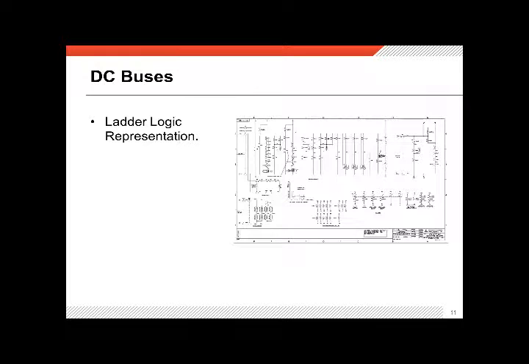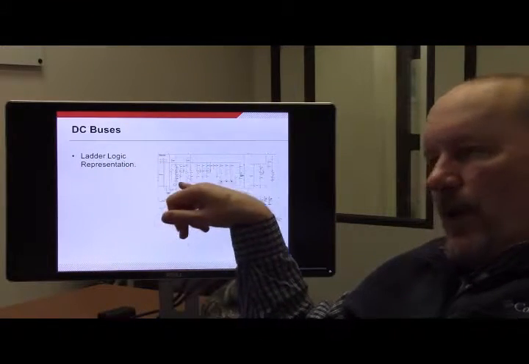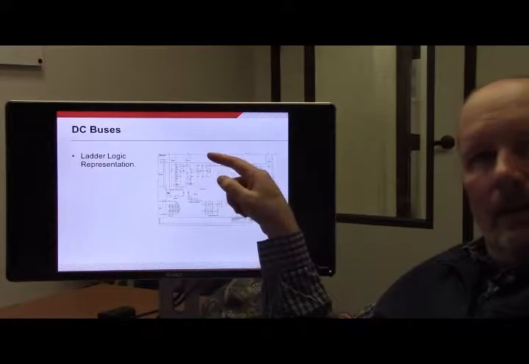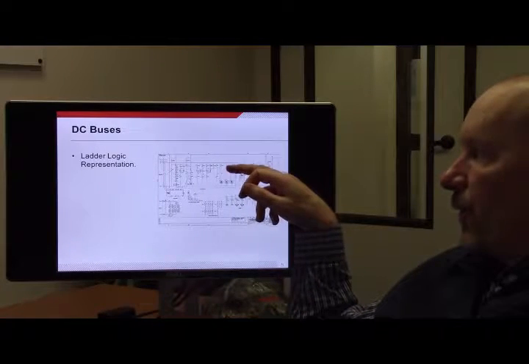Another thing that you will see is the control schematics, and this is the main one. It shows quite a lot of good features in it, and we're going to spend a lot of time talking about this very drawing. Now then, if you'll notice in this drawing, we've got ladder logic format.